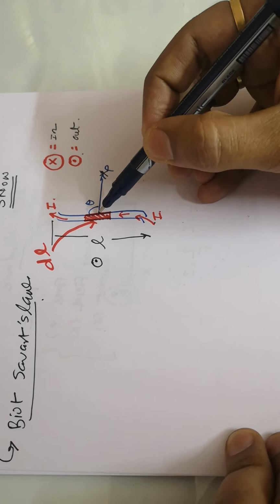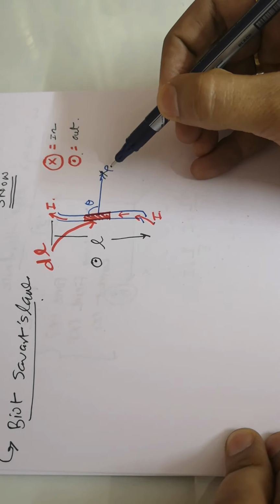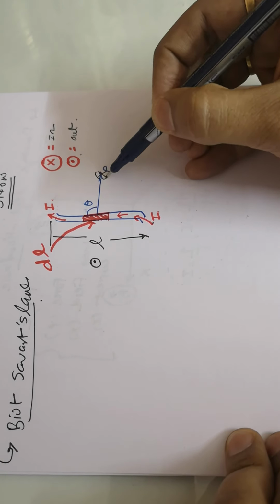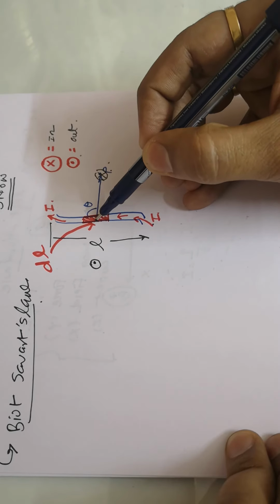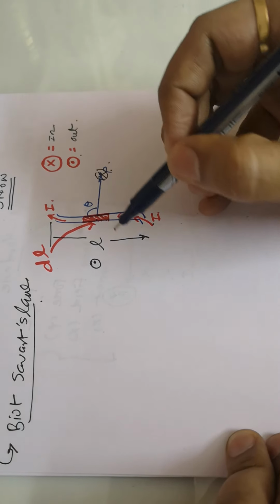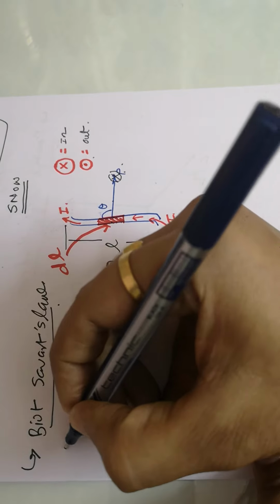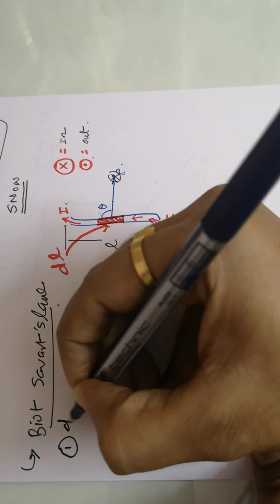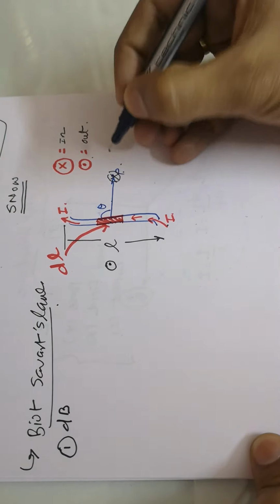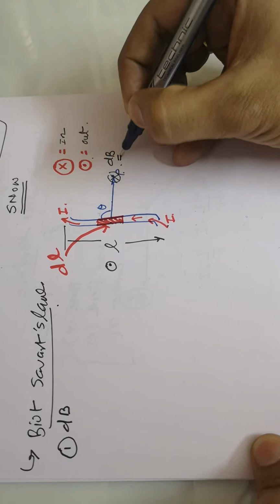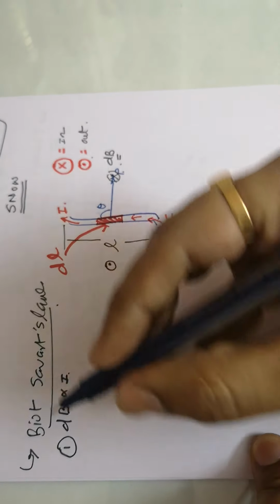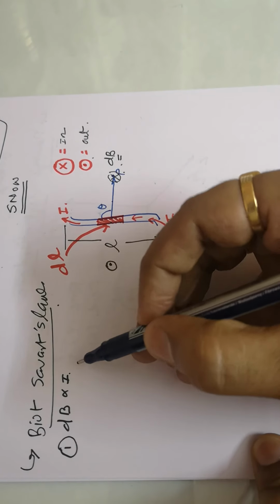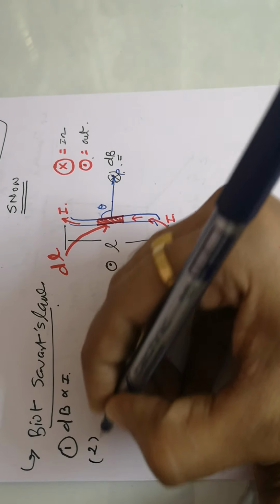As per my theorem, I have one point P where magnetic field lines are going inside. Because of the current, a magnetic field is produced, making an angle theta. The magnetic field at this point is dB. dB is directly proportional to the current.